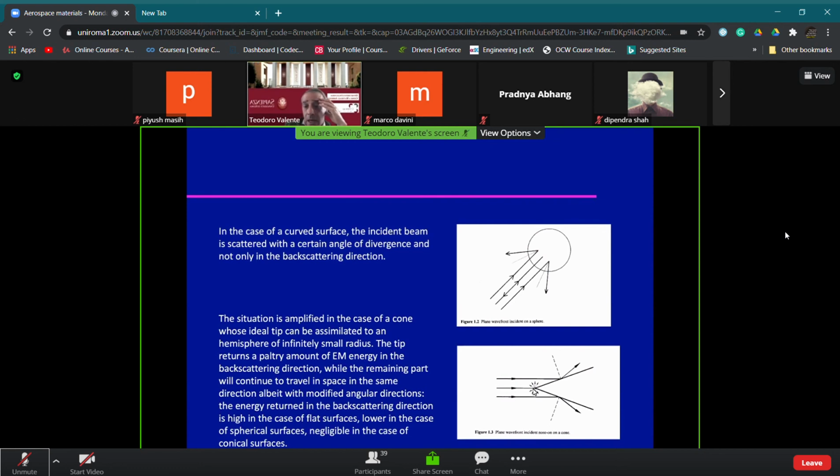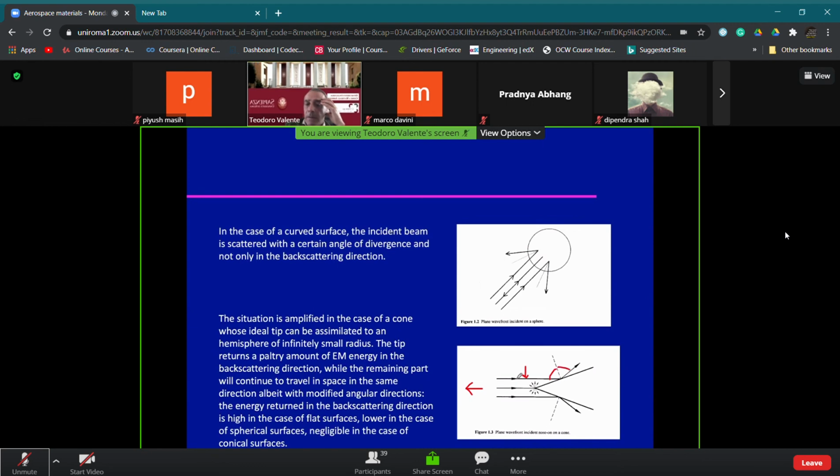We can have a quantity which comes back in the backscattering direction, but if we have in mind also the rules, because this angle is the same as the reflected angle, if we have incident beams like this one, where my mouse is on, let me use a pen, this one, for example, you see that in the backscattering direction, which is this one, we do not have any energy coming back, because this angle must be equal to this angle.